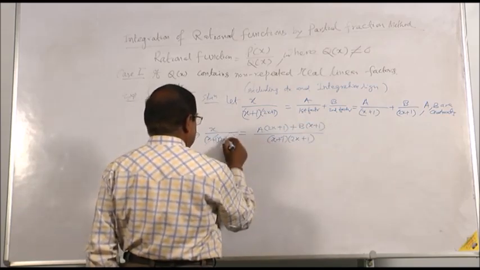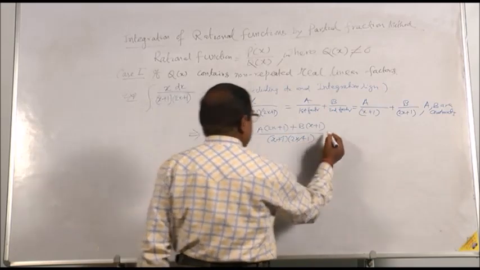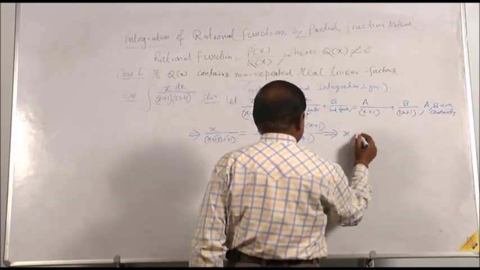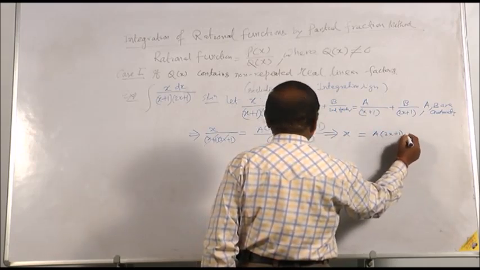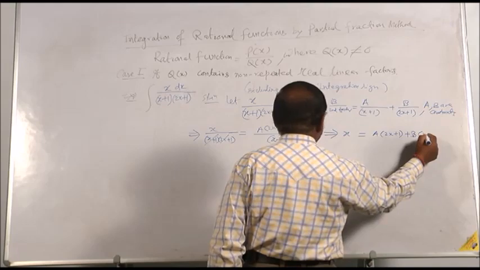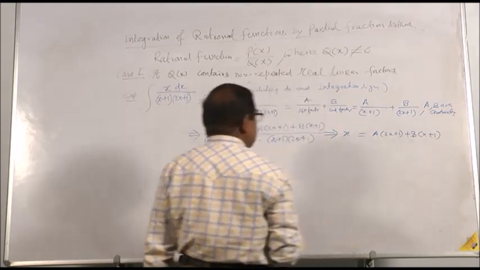We cancel this. That implies x is equal to A into (2x plus 1) plus B into (x plus 1).